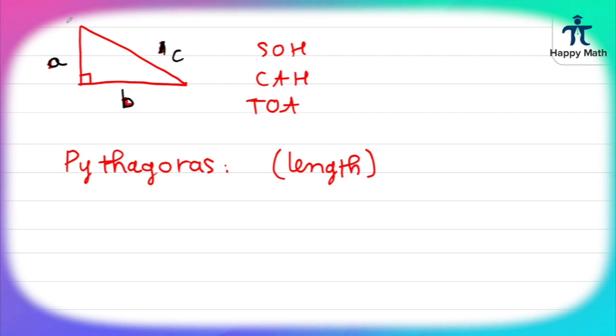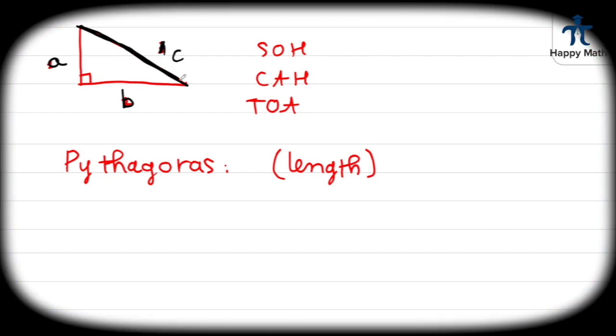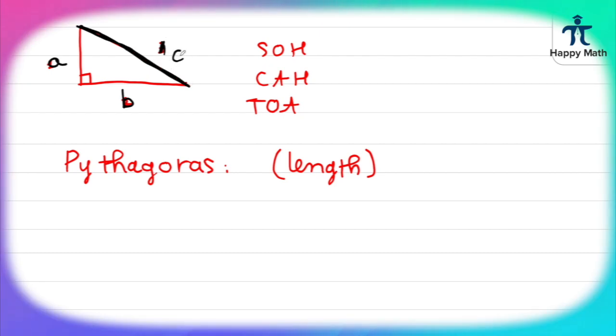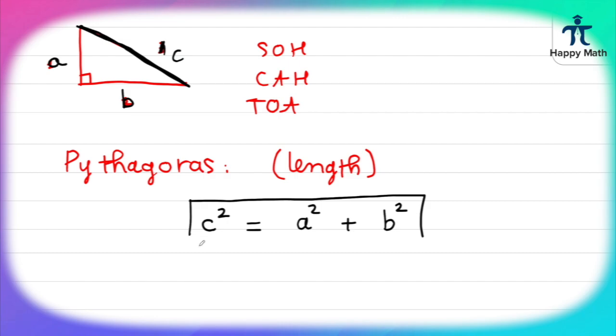In the figure here, the longest side of this right angle triangle is C. So I will start the Pythagoras formula with the longest side, C squared. C squared has a relationship with the two other squares, B squared and A squared, and you add A squared and B squared.